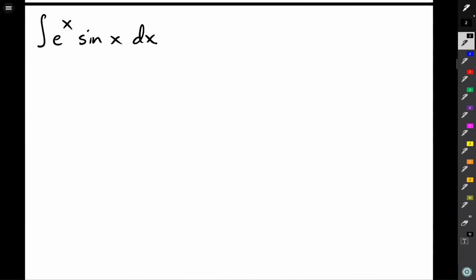But also, these types of functions right here, an exponential times a trig function, are very important for harmonic motion. If you have a negative exponent on the e here, like minus x instead of x, this would be like harmonic motion with dampening.